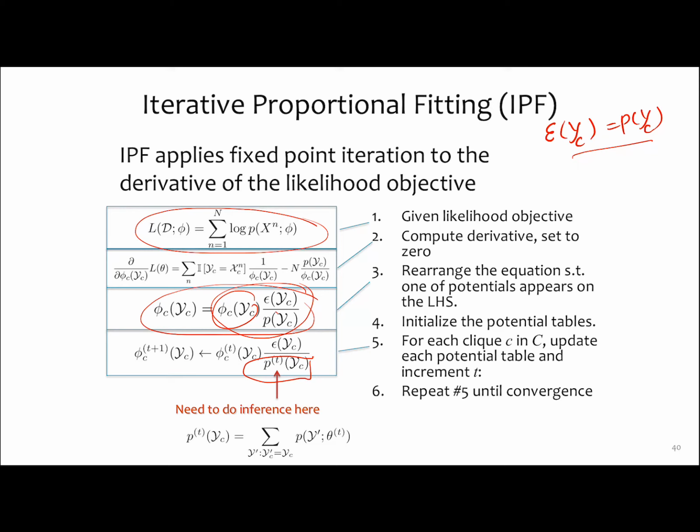The numerator is empirical. You just see the data, you count it, and you put it in. For the denominator, you have to compute the marginal of the clique, and you have to run your inference algorithm with the current parameters. So the general algorithm is like this: run the inference to get the marginal of each of the cliques, run the fixed point until you converge. That's the general algorithm of the IPF.